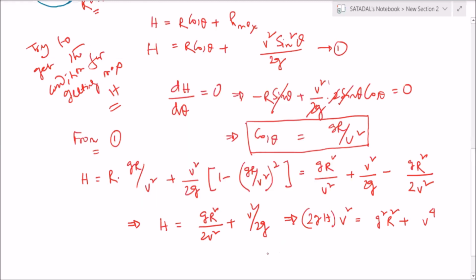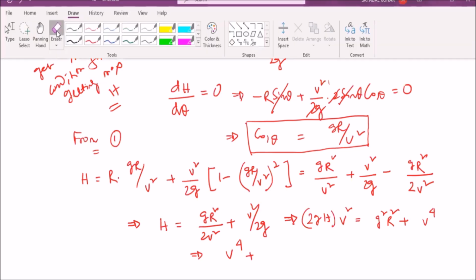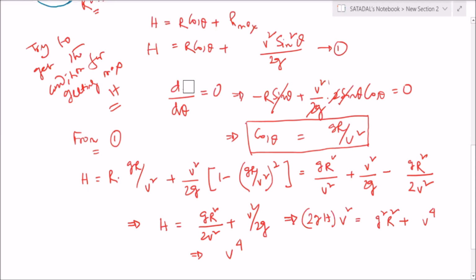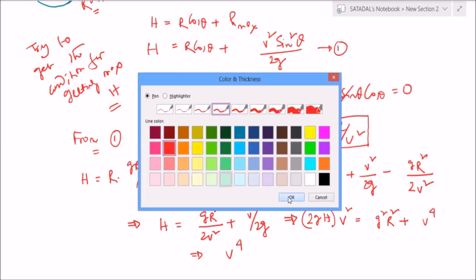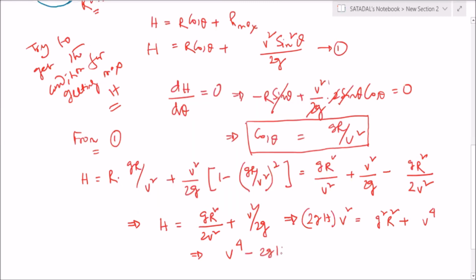Right? Okay. So let us have the quadratic. If I rearrange this term, the quadratic is coming to be v to the power 4 minus 2gH into v square plus g square r square equal to 0. This is the quadratic coming now.